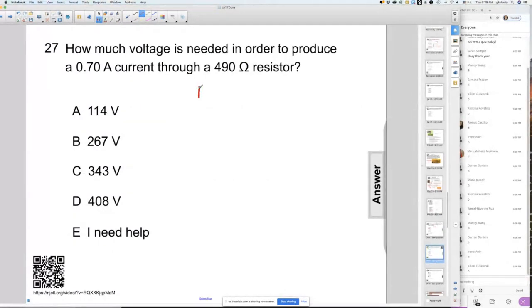Here you're given two other things. You're given the current, 0.7 amps, and you're given the resistance, 490 ohms, and you're asked for the voltage. V over 490 is equal to 0.7.